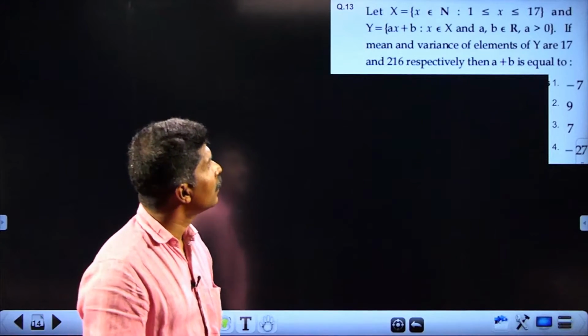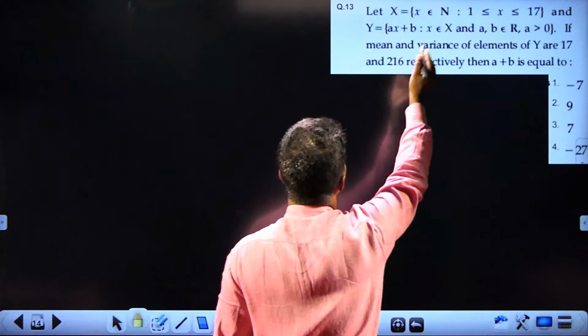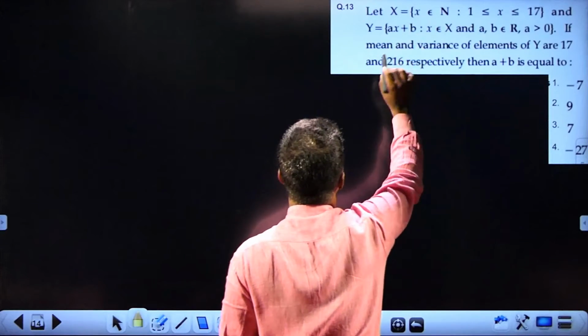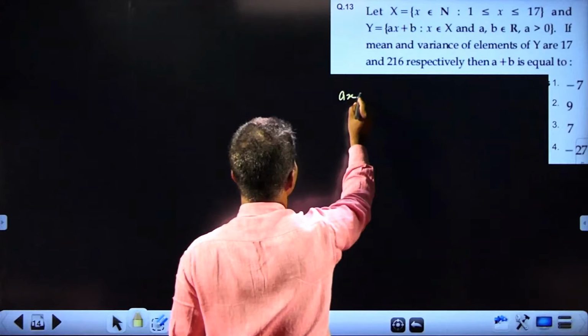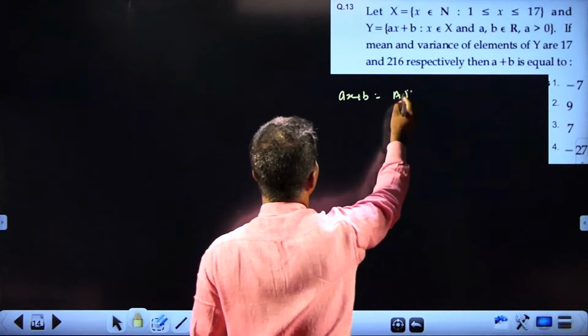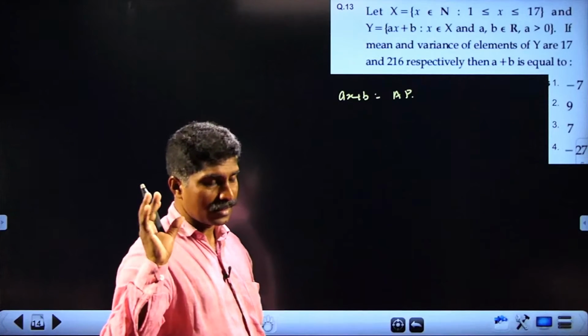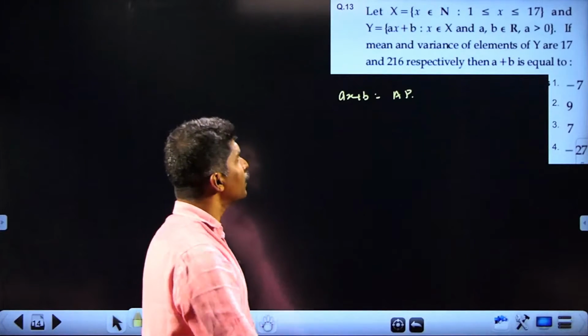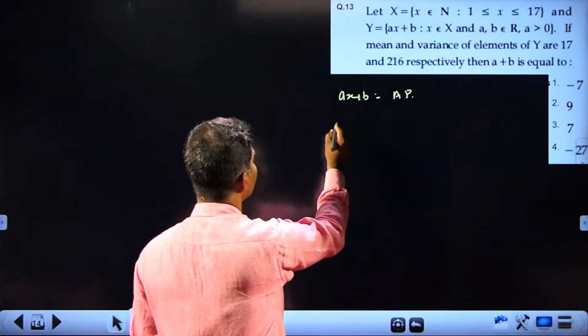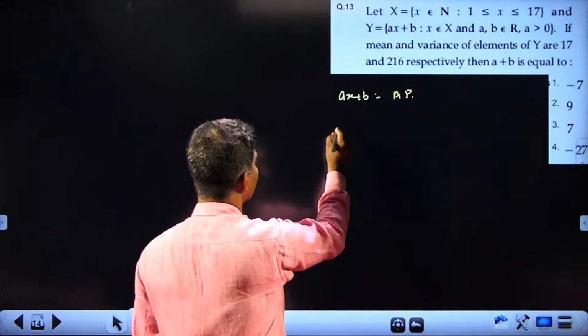And these kinds of problems are very usual questions in statistics also. And remember, this is an AP. Ax plus b is an AP. And for the standard deviation or the variance of an AP, what is the variance of an AP?